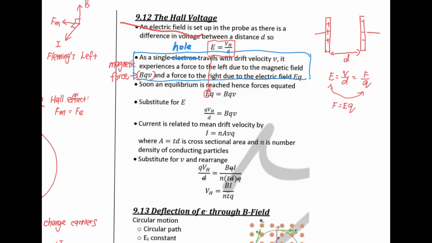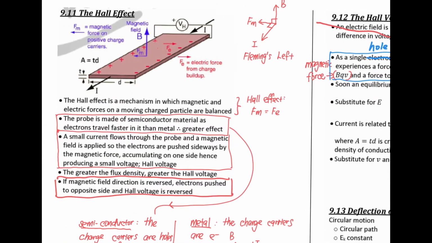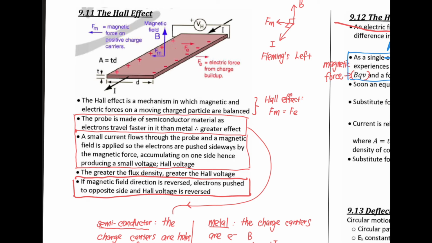As you can see, A is T times D. So let's look at the picture first. What is T times D? If you see the picture, T times D is here. Okay, here. What is so special about this? This is the cross-sectional area where the current enters and comes out. It enters that particular area, and it comes out from that particular area.